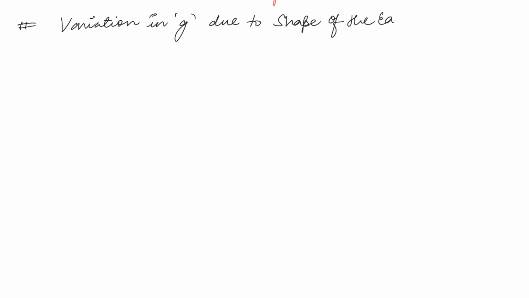Now let's talk about the variation in small g due to shape of the earth. For this, first of all, we should know what is the shape of the earth. The shape of the earth is quite elliptical, like this.